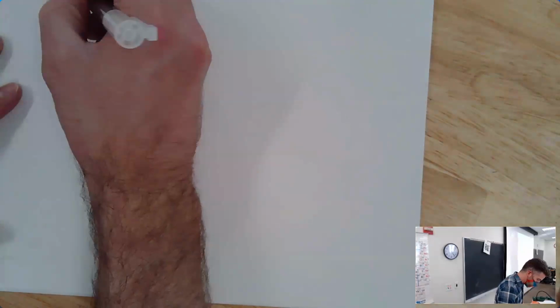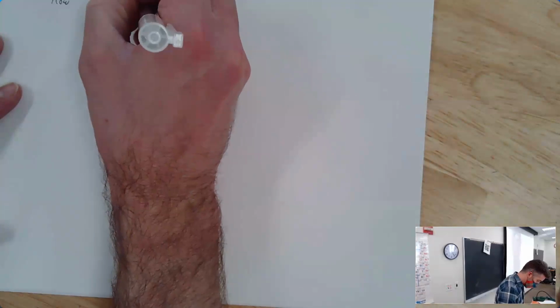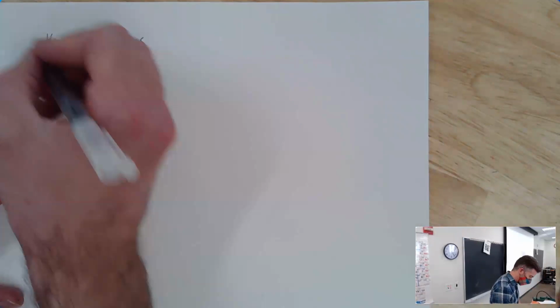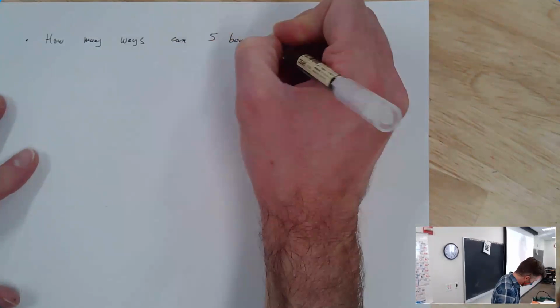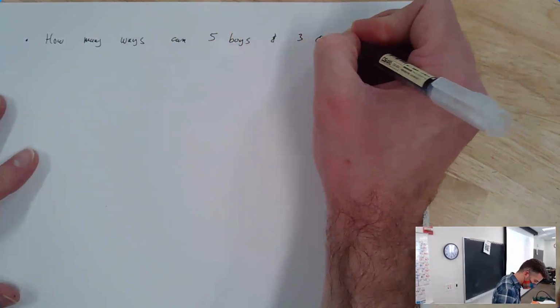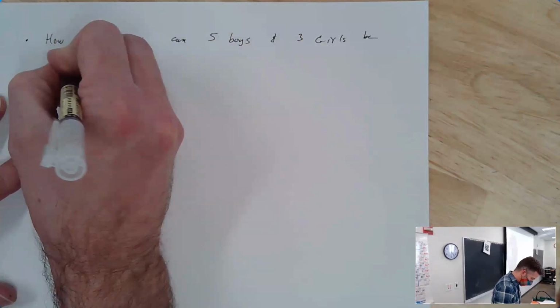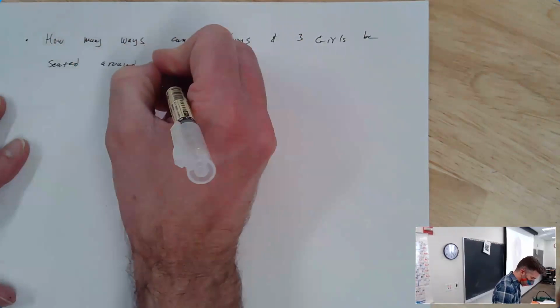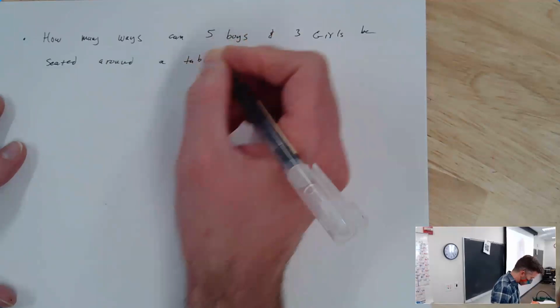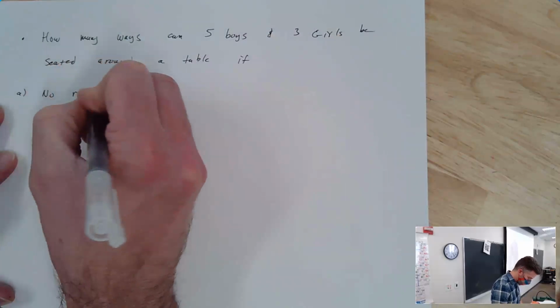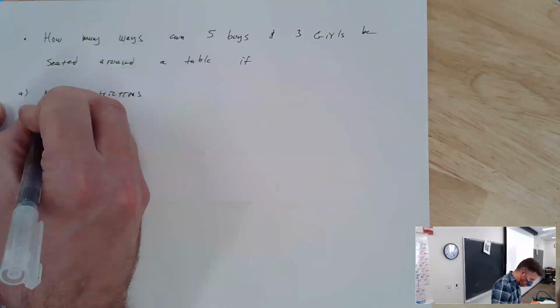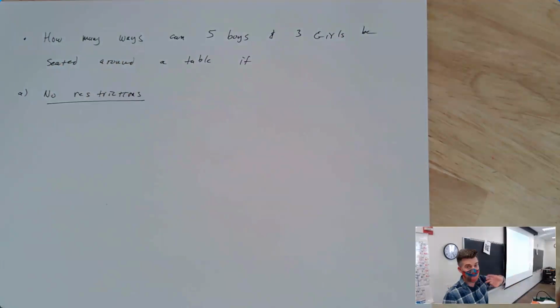So how many ways can 5 boys and 3 girls be seated around a table, meaning a circular table, if there are no restrictions? Well, you might think incorrectly that the answer is 8 factorial. Now, I should clarify a little bit.